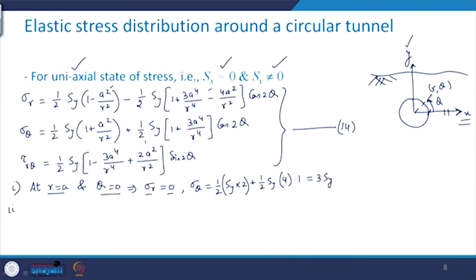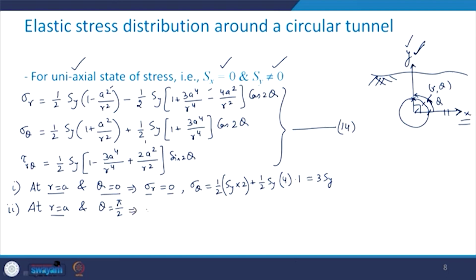The second condition we take is at r equal to a and theta equal to pi by 2 or 90 degree. So, when theta becomes equal to pi by 2, it will be along this y axis. And when I say r equal to a, it means at the tunnel periphery. So, what will happen at this point to all these stress components?